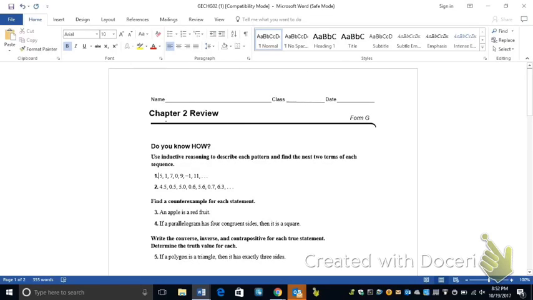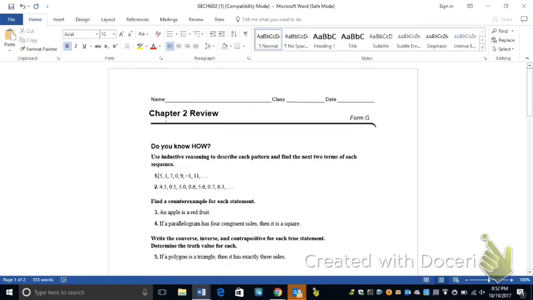So, next we're looking at writing the converse, inverse, contrapositive for each true statement. Now, I'm going to be honest, some of this stuff I'm probably going to over-explain for you. I wasn't there in your classroom. I don't know how Mr. Bosos taught you. I don't know what you guys are familiar with. So some of this stuff I might be going back too far.